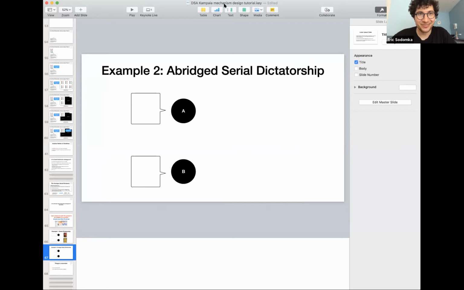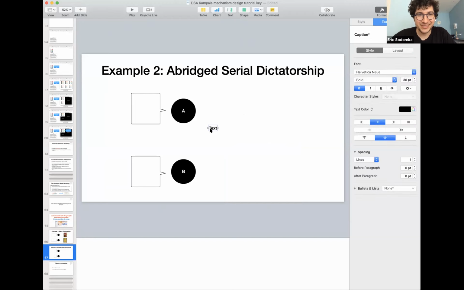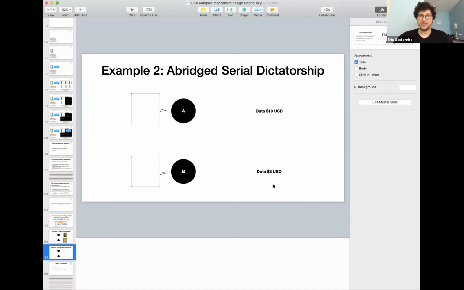So this will be data worth, let's say, $10 USD, or alternately, you can get $3 in data USD.